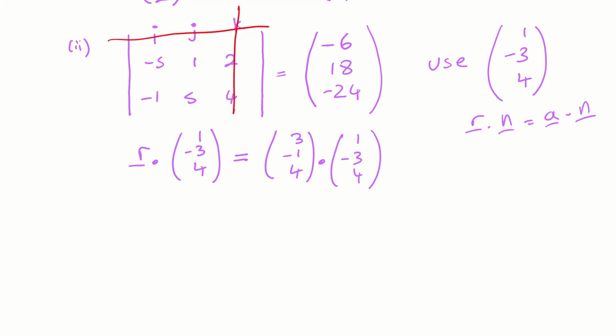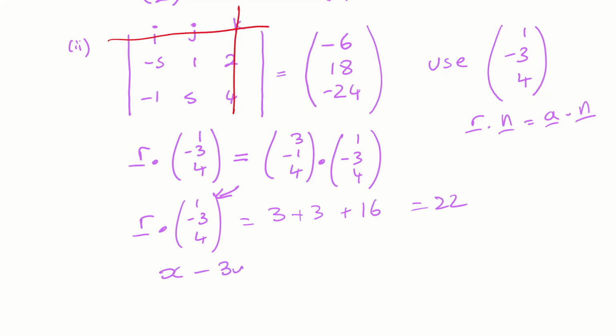And so that gives me r dot (1, -3, 4) is equal to 3 plus 3 plus 16, which is 22. And then we can turn that into Cartesian form just using this vector as the coefficients. So x - 3y + 4z = 22.